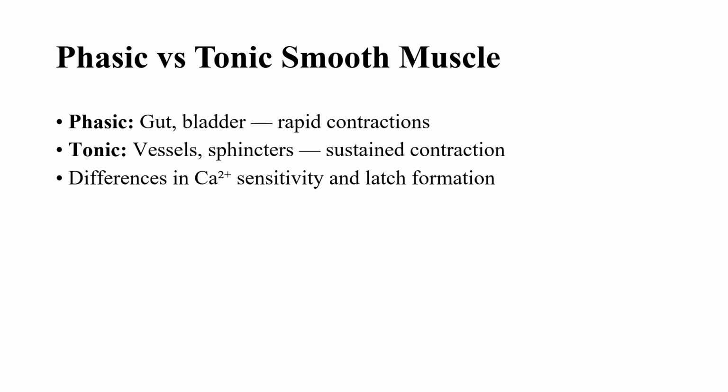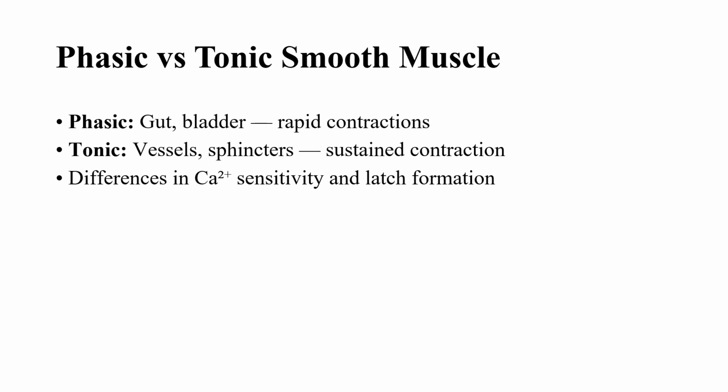Tonic smooth muscle maintains sustained tension with low energy use, as seen in blood vessels and sphincters, shows higher calcium ion sensitivity, and relies heavily on the latch state, enabling long-lasting tension with minimal ATP consumption.